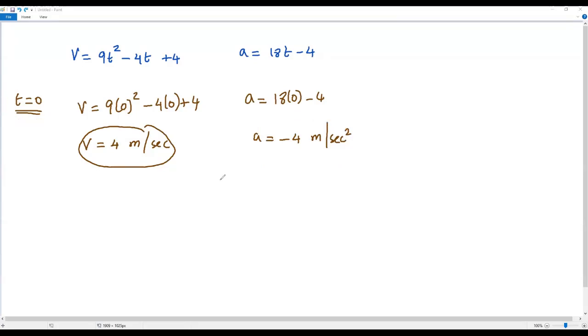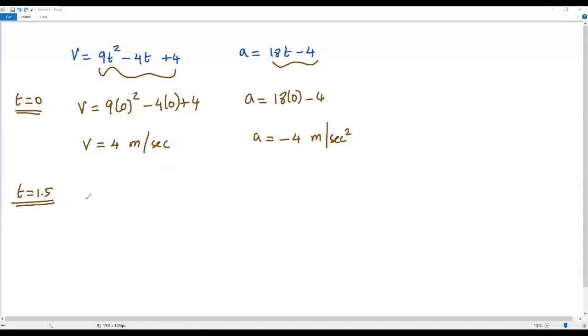Now let's find the velocity and acceleration at t equal to 1.5 seconds. So let's plug in t equal to 1.5 seconds over here and here to get the velocity and acceleration.